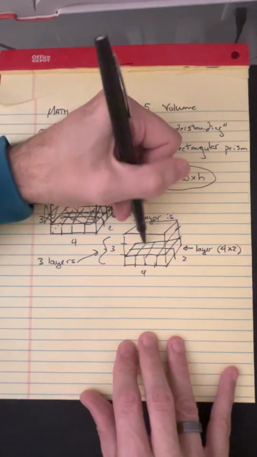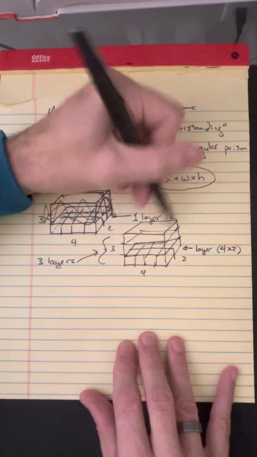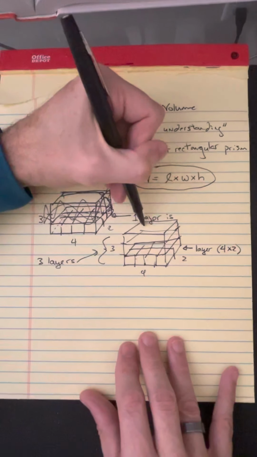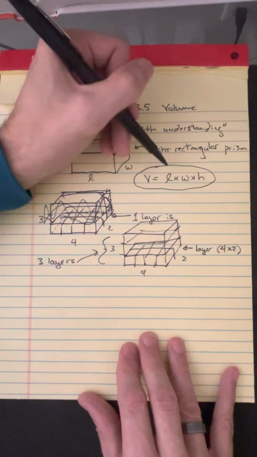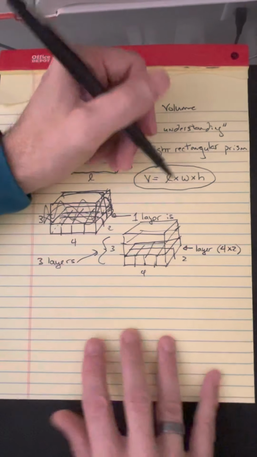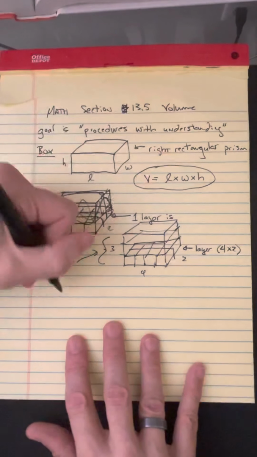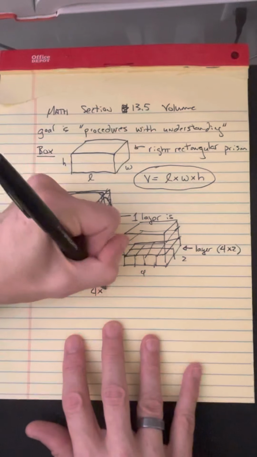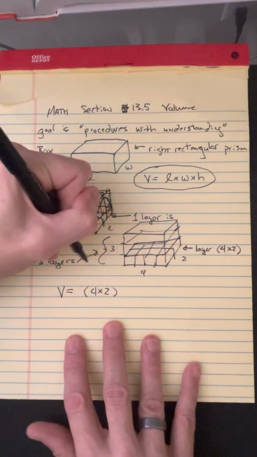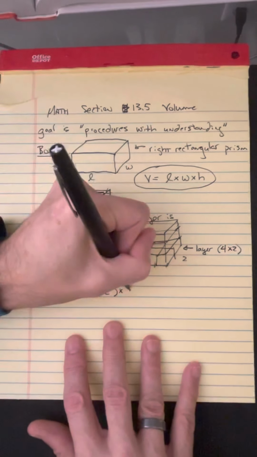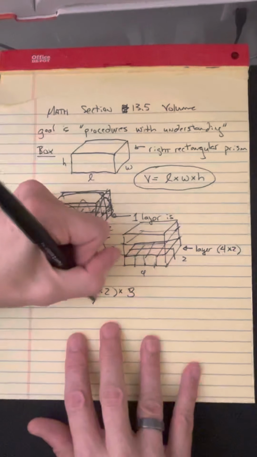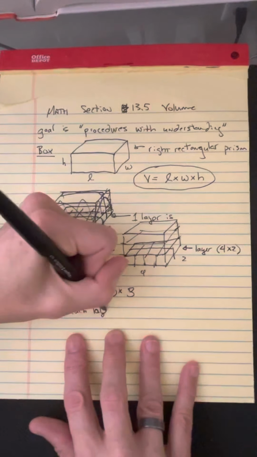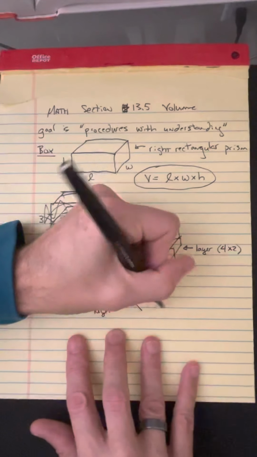Second time would be another 8 cubes, and then you'd fill up the top layer, and it'd be 8 plus 8 plus 8, 24 cubes, 3 layers. So if we think about this formula, what we're doing is saying it's 4 by 2, that's each layer, and then you multiply that by how many layers.